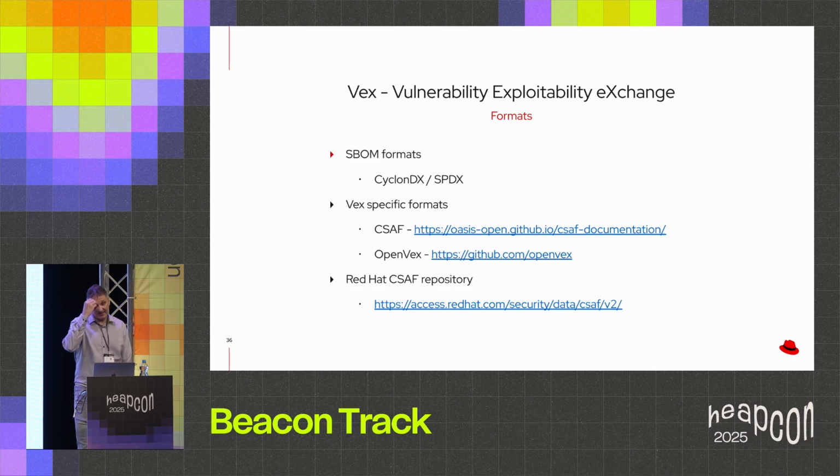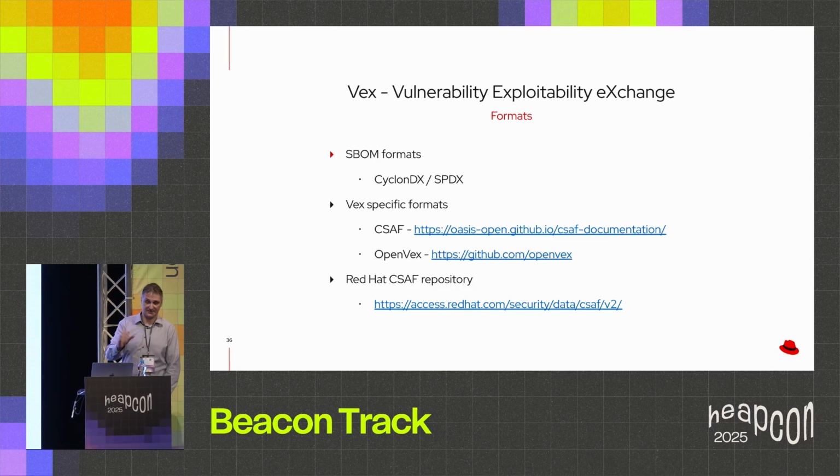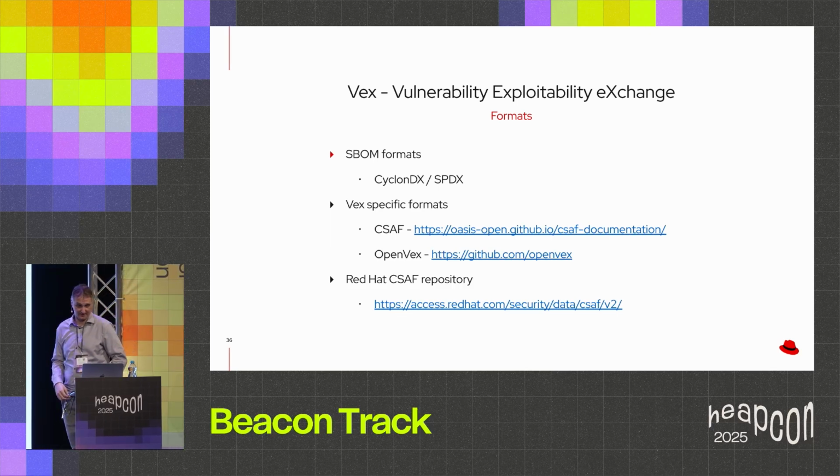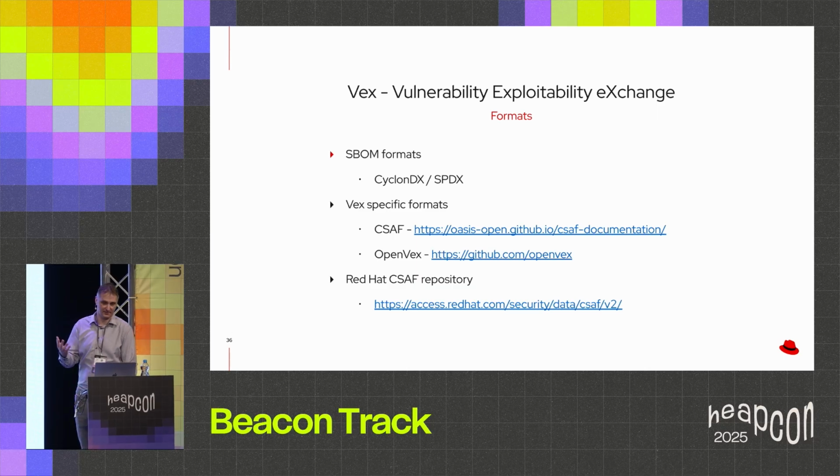Usually, VEXs are tied to SBOMs, and today the two most popular SBOM formats, CycloneDX and SPDX, support embedding VEX statements directly in the SBOMs. But there are also certain formats that are used only for this. I said that OSV is one of the formats for security advisories. CSAF is the other one. It's much larger and more complex and older.